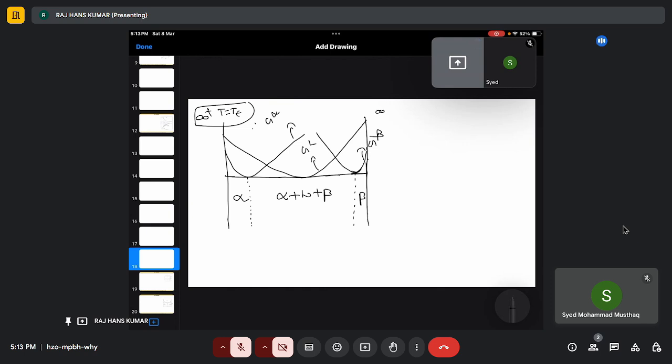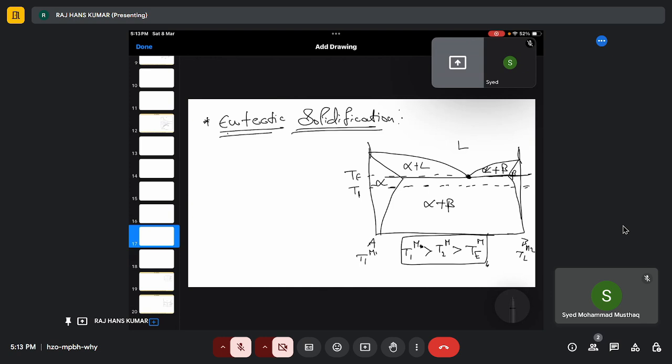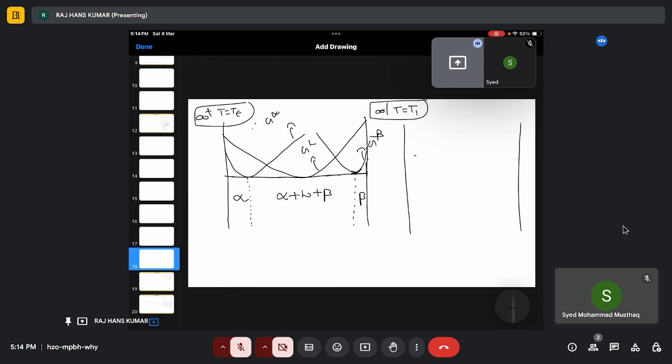Now what is it at T equals T1? Let's draw one point here also, so that let's say this is T2. Now let's draw T1. So this is my alpha, this will be my beta, and liquid is way above, right?